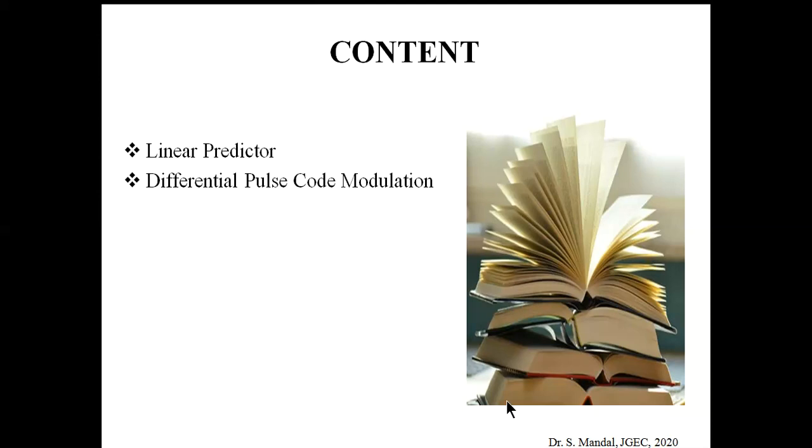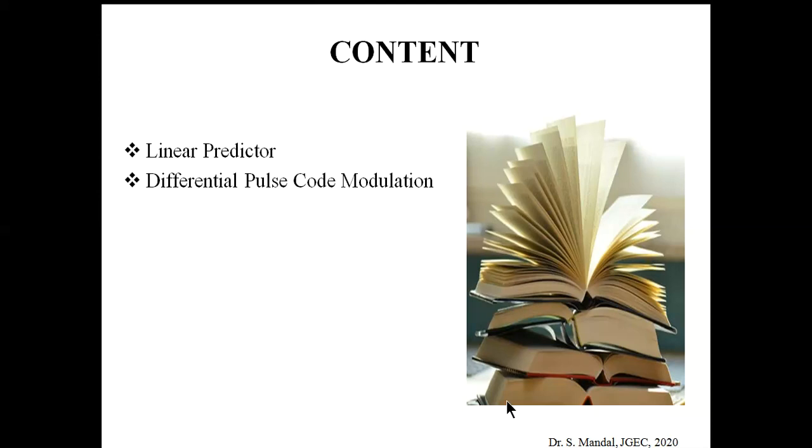Now, to improve the efficiency of pulse code modulation, we can use another source encoding technique known as differential pulse code modulation, or DPCM. However, to understand the operating principle of DPCM, we need to know the operation of a linear predictor initially.